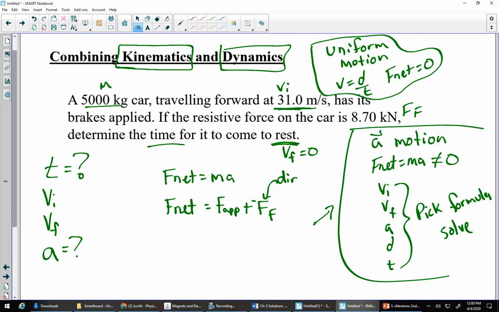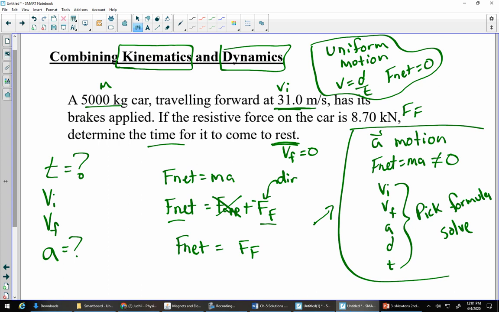If the brakes are slammed on, is there a forward force? Is there an applied force, like when you're braking your car? Not a significant one, actually. So the net force in this case is actually just going to be equal to our force of friction. If I know my force of friction, and I know my net force, I'm just going to rewrite that one more time. It's kind of a mess right now. F net is equal to force of friction.